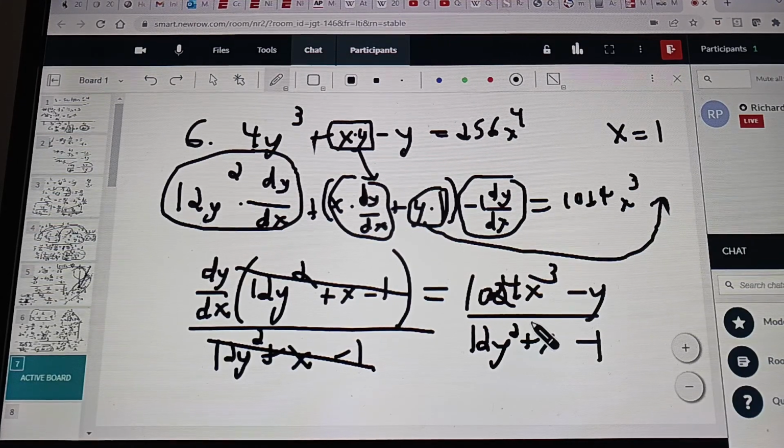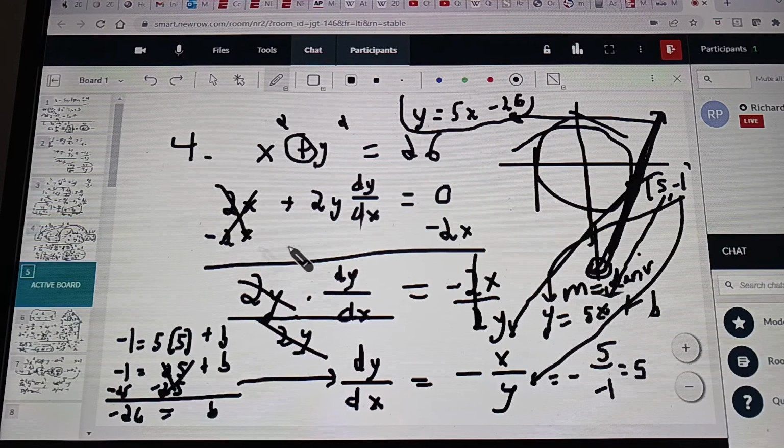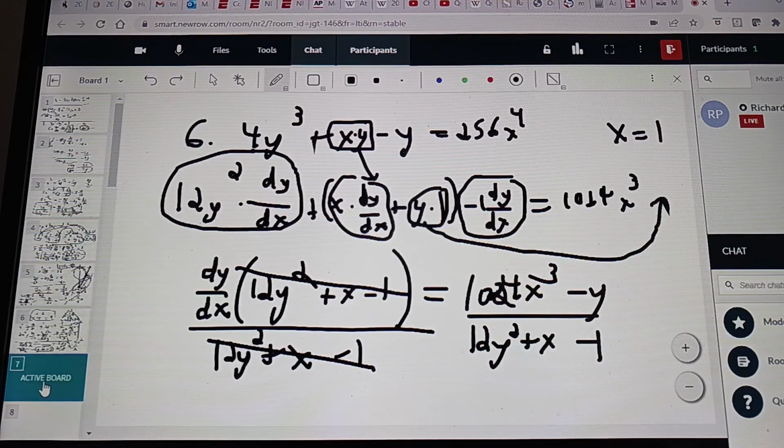Now, I've got an x to plug in, but unlike the last 2 problems where they gave me an x and a y where I could plug them both in, this one we only have x to plug in. But what we could do is plug 1 into the original equation, and maybe we'd be able to find y ourselves.